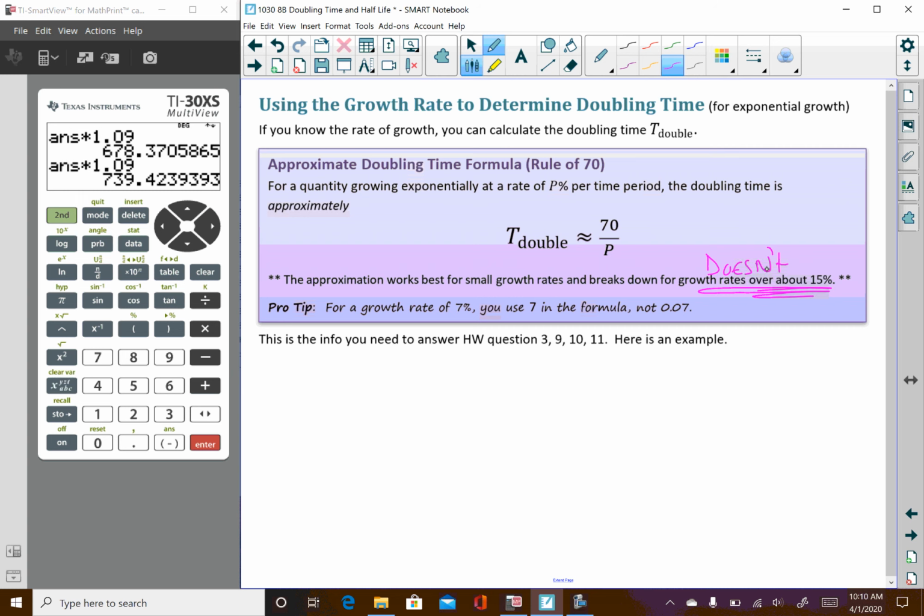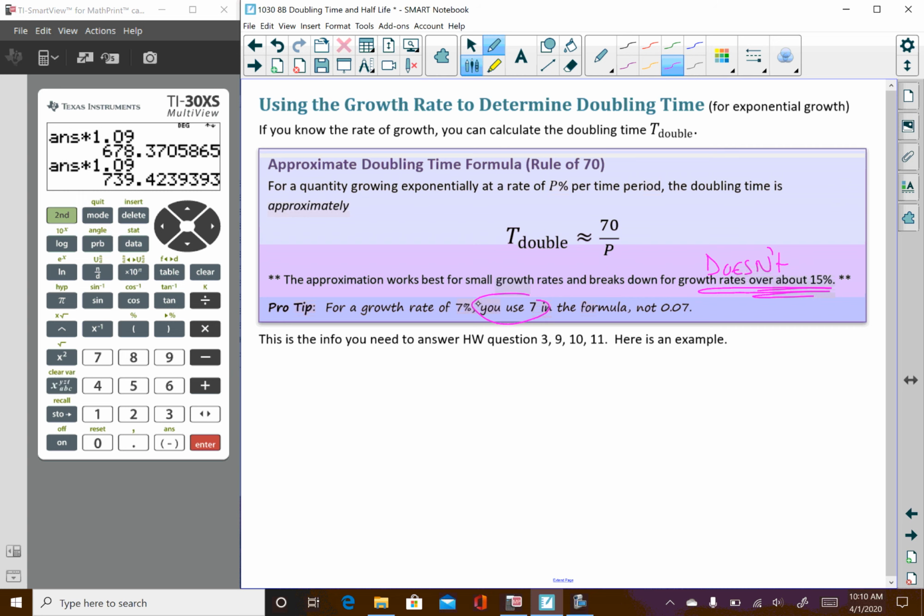Now, 99% of the time when we are using percentages in math, we want to use the decimal form. This is like the only time I can ever think of where you don't use the decimal form. If it's a growth rate of 7%, you use the 7. You don't use 0.07. So pro tip, be careful with that.